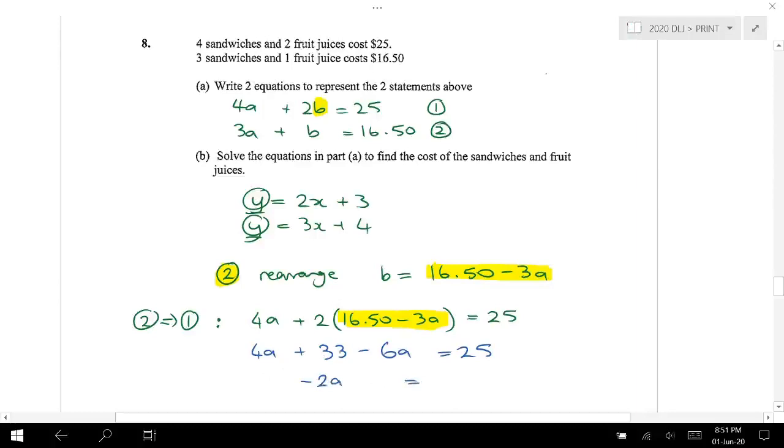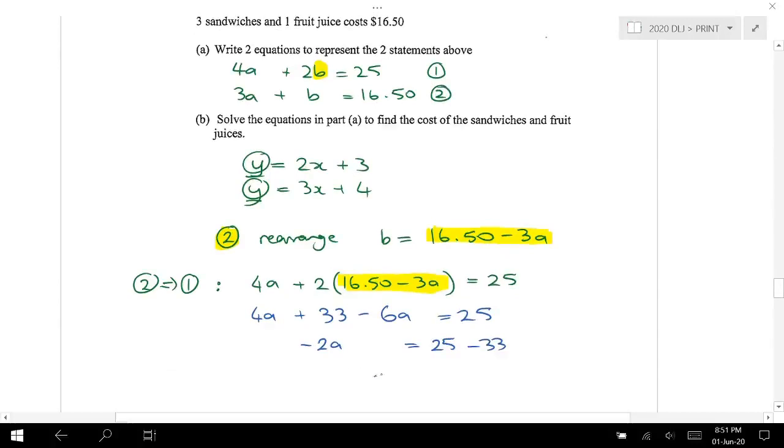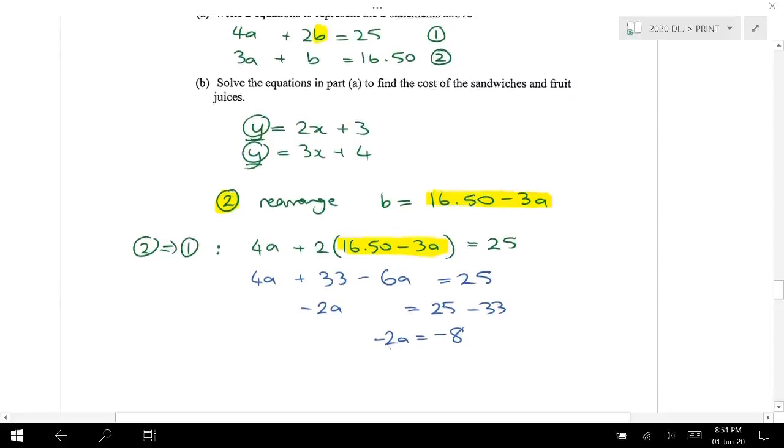This 33, I'm going to drop it on the other side. So we're going to get 25 minus 33. So negative 2a equals negative 8. And so divide by negative 2 both sides, we're going to get a equals 4.